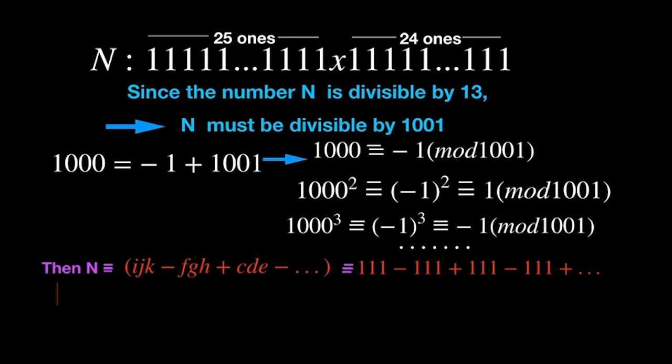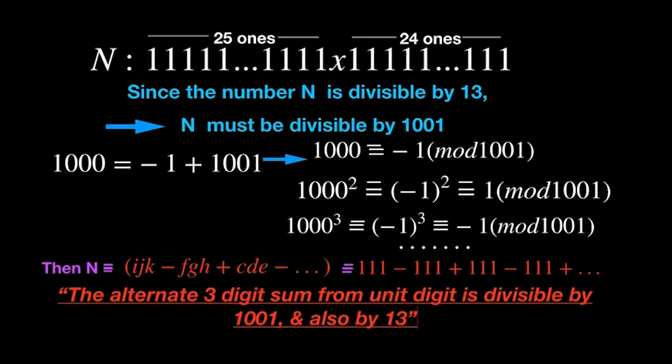Because the alternate 3-digit sum from the unit digit is divisible by 1001, and since the number is divisible by 13, we can consider that the number is also divisible by 1001. Therefore we block the digits in 3-digit groups from the right side, and every 3-digit block from the right side will be alternately plus and minus. That will be the remainder.